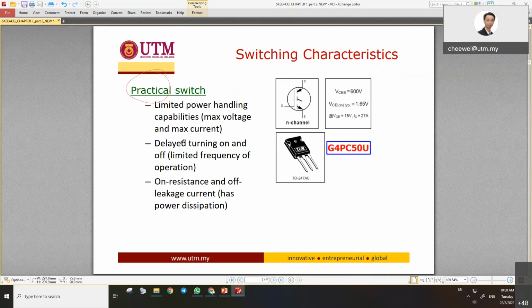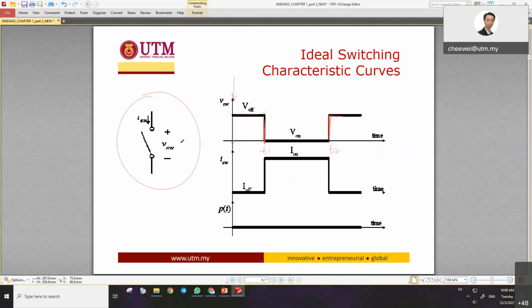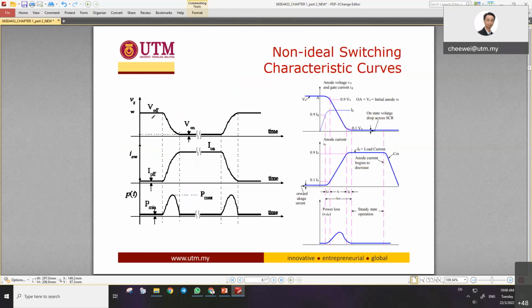But in practical, does it go that way? No. You see that this one, I want it on. I want it off immediately. But in practical, I want you to turn off at T1. When does it turn off? It turns off at this point because it will go down gradually.